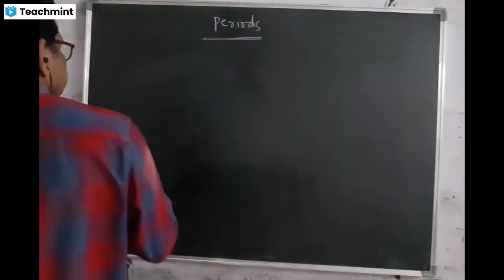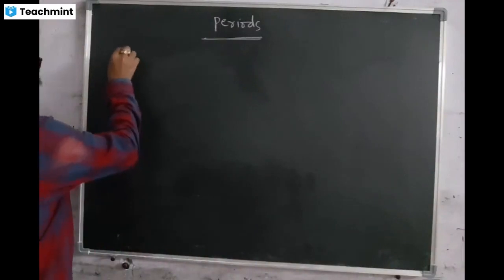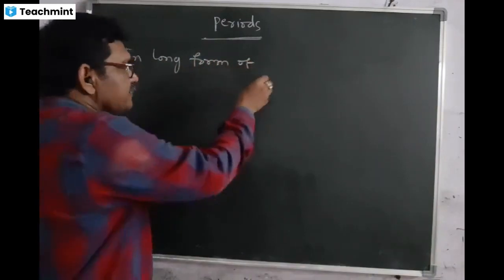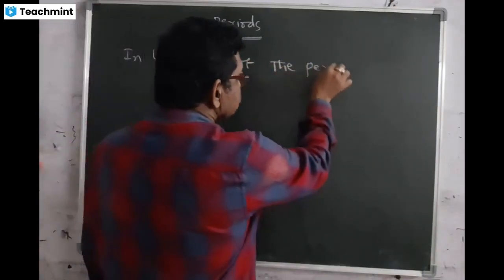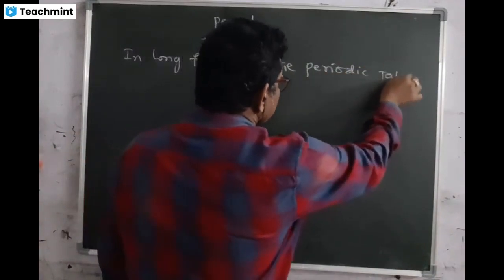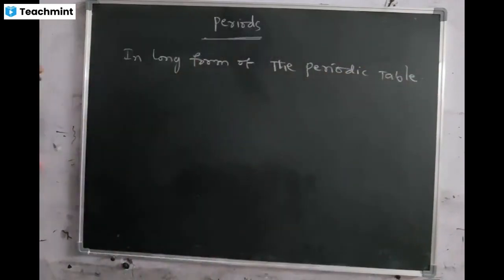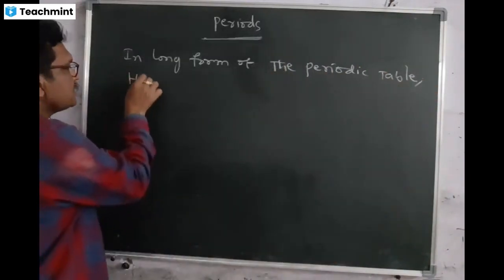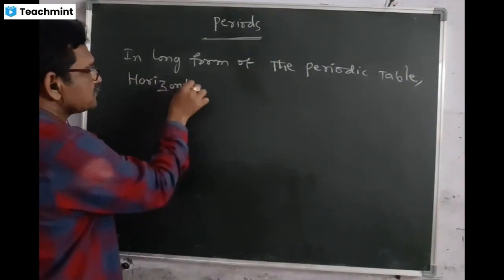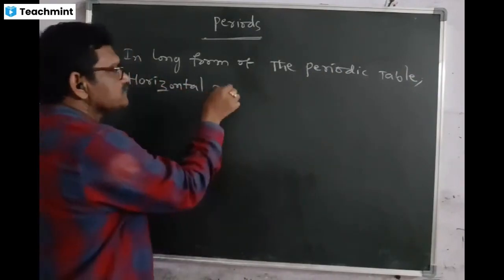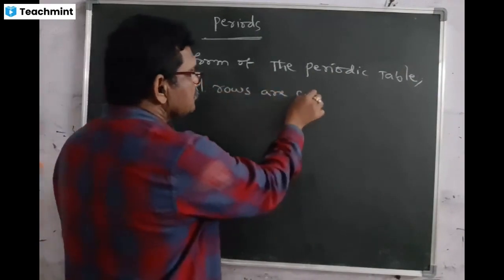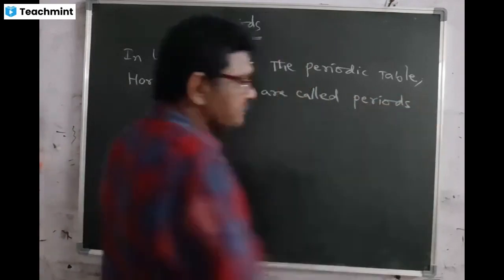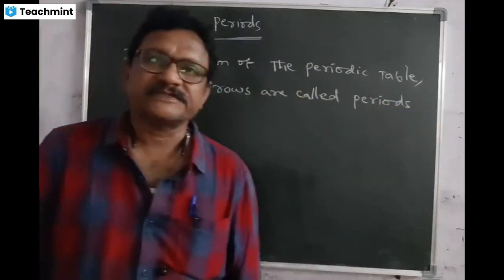Write down the periods. In the long form of the periodic table, horizontal rows are called periods.